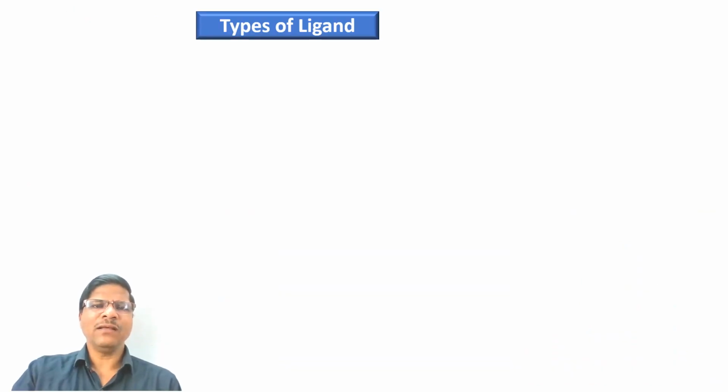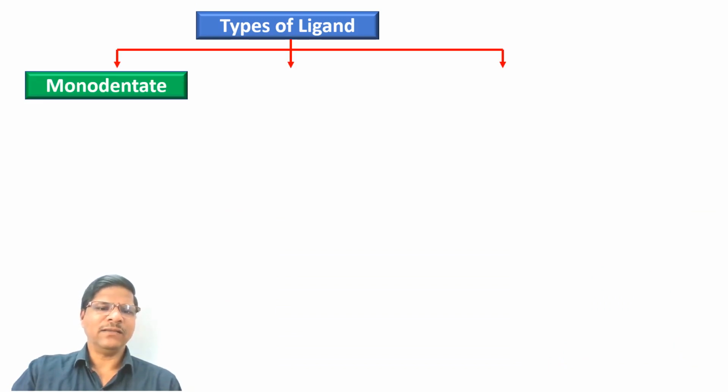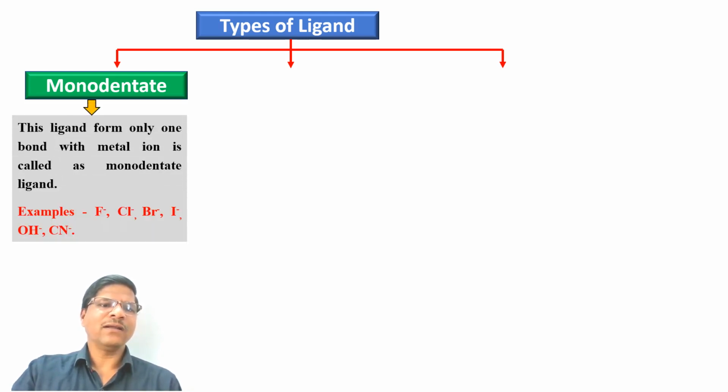Now we will explain the types of ligand depending on the denticity. The very first is the monodentate ligand. Mono means single, dent means tooth. The ligand which forms a single bond, only one bond with the central metal ion, is the monodentate ligand. Examples are fluoride, chloride, bromide, iodide, hydroxyl, cyanide.